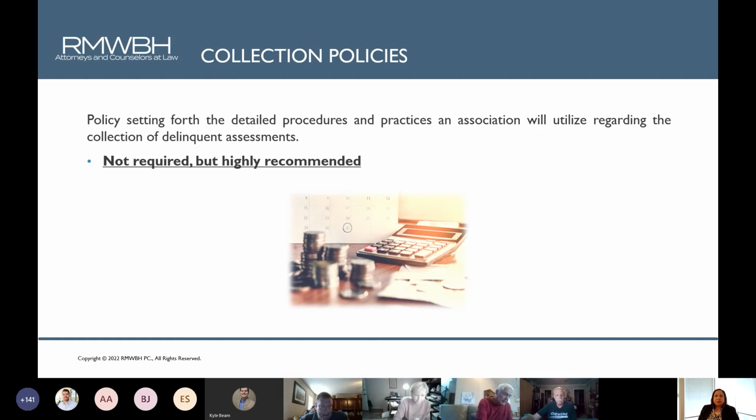And in terms of homeowners that have this understanding and boards that are going to use this process, we like a collection policy because it provides a consistent process for the collection of assessments. As you have different boards that come in and out of homeowners associations, it's really encouraged to have some type of a policy in place so that homeowners know what to expect. Again, a collection policy is not necessarily required, but is highly recommended for all associations.